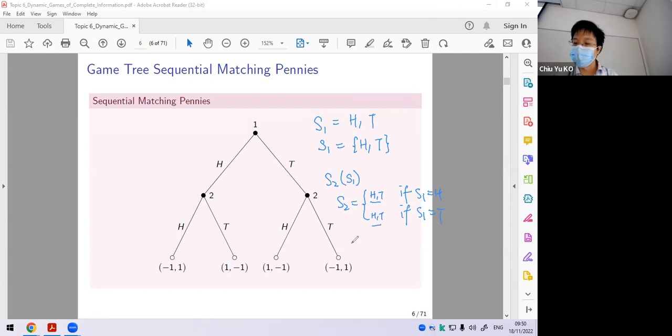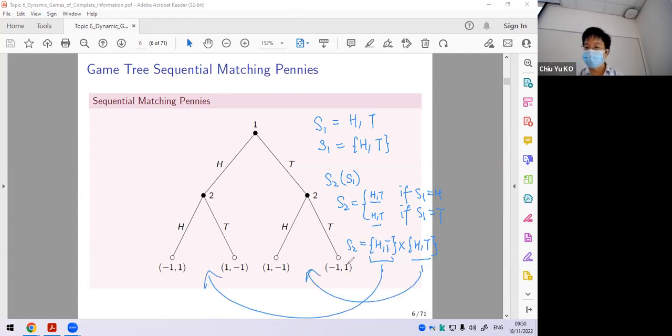So it's 2 by 2. That's why usually you don't write in this form. You would rather write it as head and tail times head and tail. This means if player one chooses head, what are you going to do, and if player one chooses tail, what are you going to do? This one refers to this guy, this one with this guy, right? So this is a defined strategy for player one and player two, right?